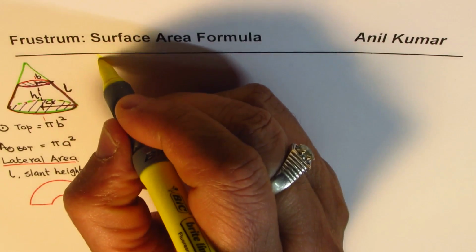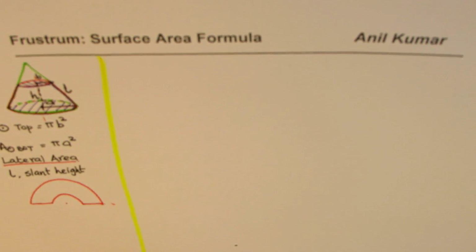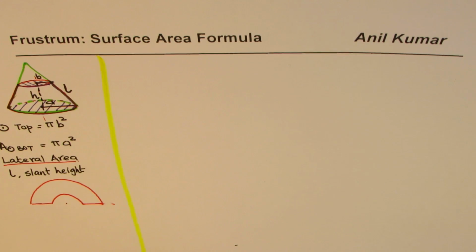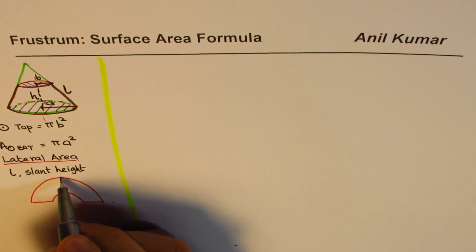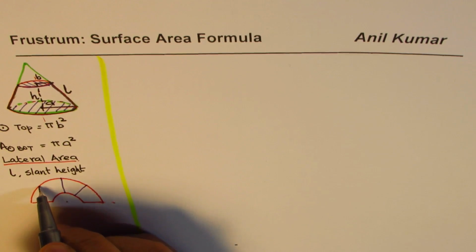Now, here is our approach. We'll use approximation of trapezoids to find the surface area. Now, trapezoids are very commonly used to find surface area of any curved surface. Even for people who are doing advanced calculus, they use this technique. So I'll show you how it works. So what I will do here is, to make it simple, let me divide it into 4 equal parts.